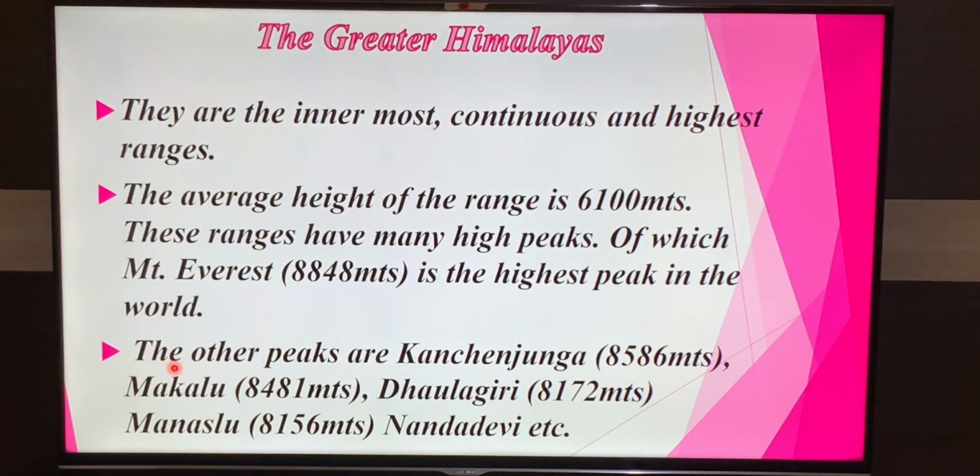The other peaks in Greater Himalayas are Kanchenjunga, 8,586 meters, Makalu, 8,481 meters, Dhaulagiri, 8,172 meters, Manaslu, 8,156 meters, and Nanda Devi. These are the other peaks located in the Greater Himalaya.